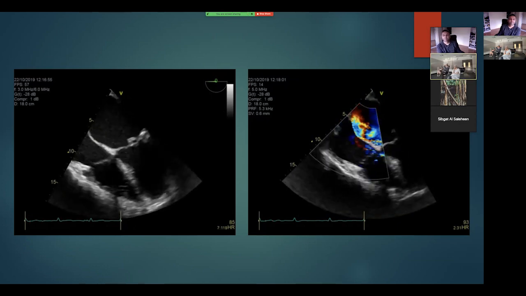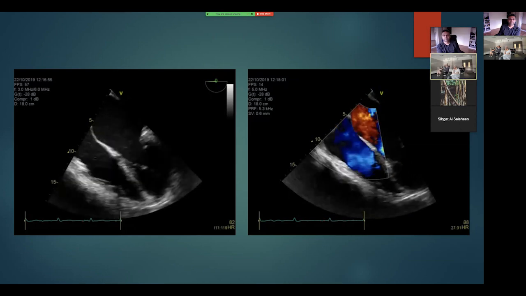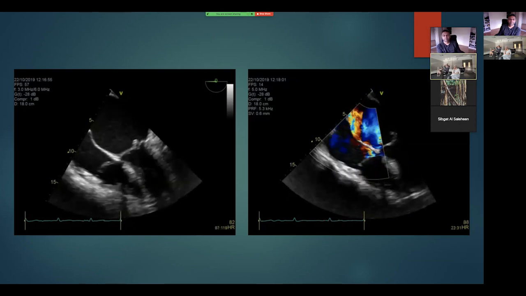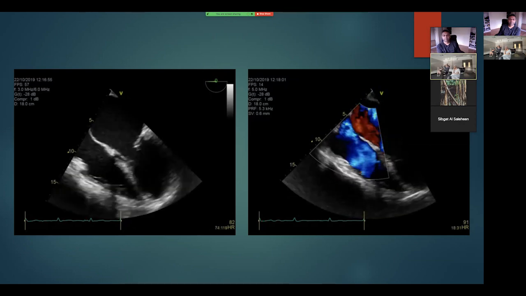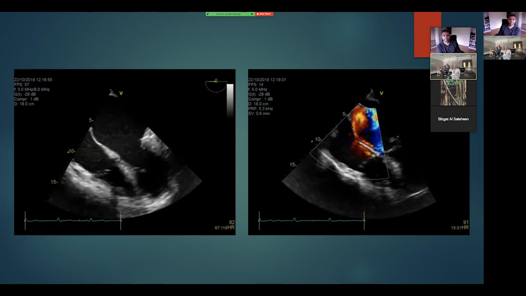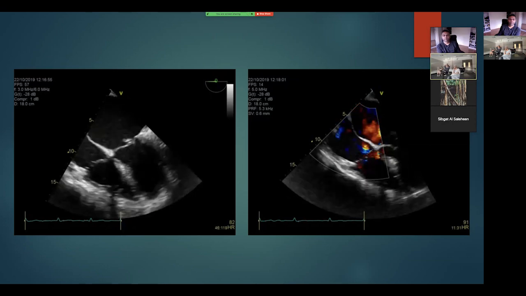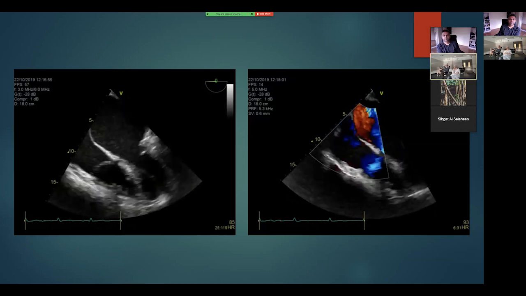So it looks to me like the posterior leaflet seems to be abnormal. I can't be sure whether the tip is pointing down towards the apex or into the atrium, but certainly the posterior leaflet doesn't look normal.